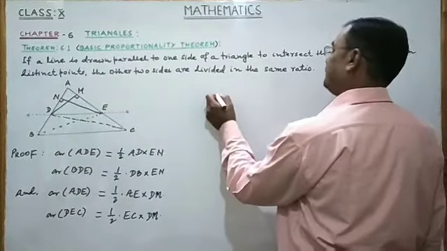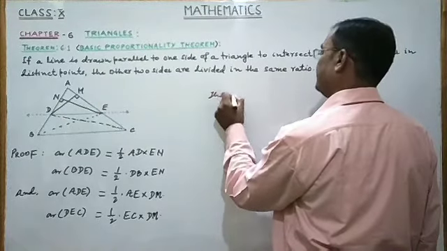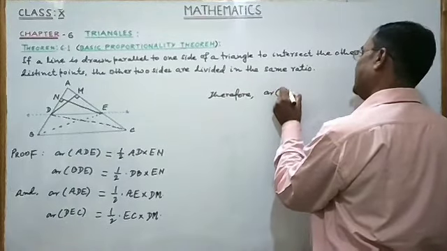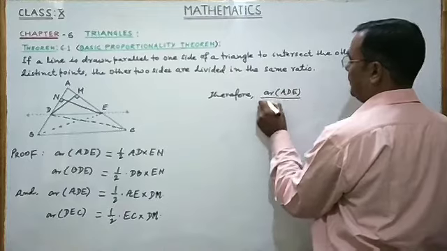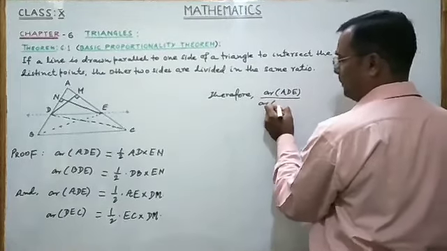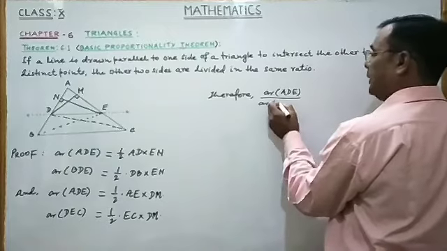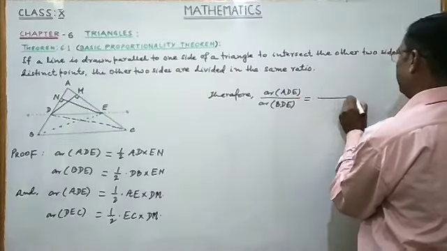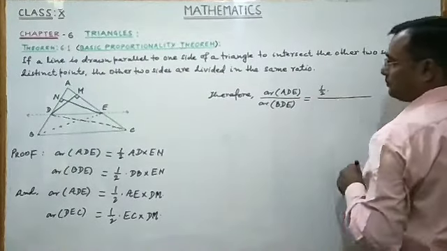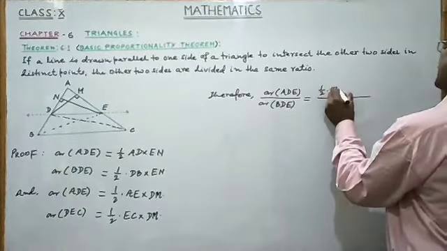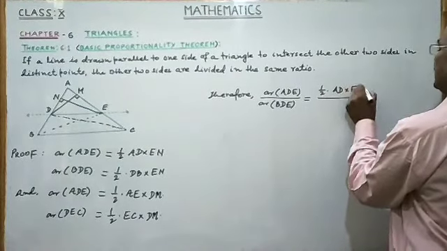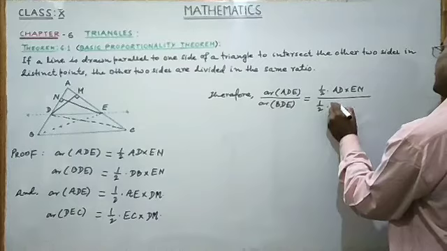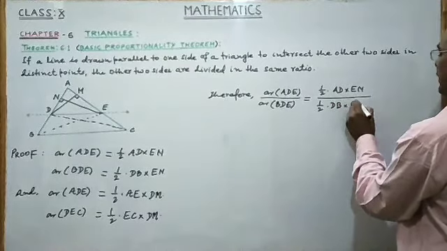Therefore, area of triangle ADE by area of triangle BDE equal to half into AD into EN by half into DB into EN.